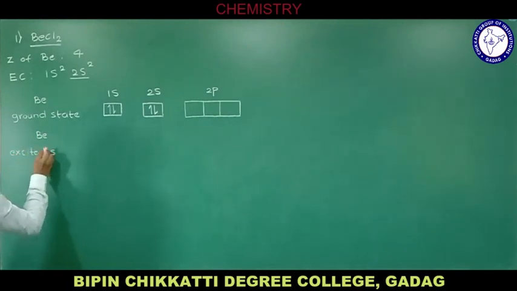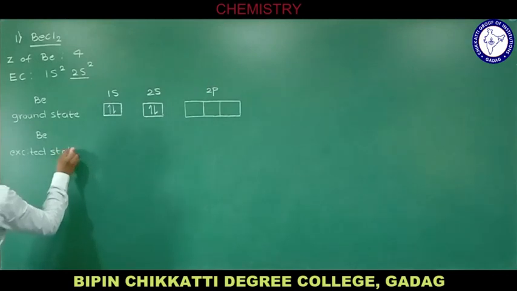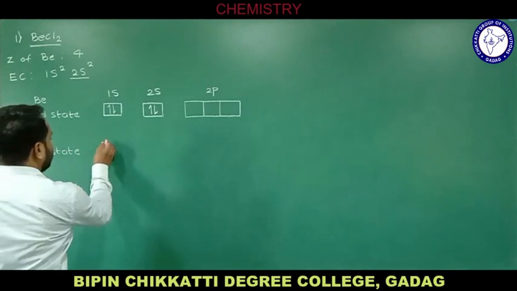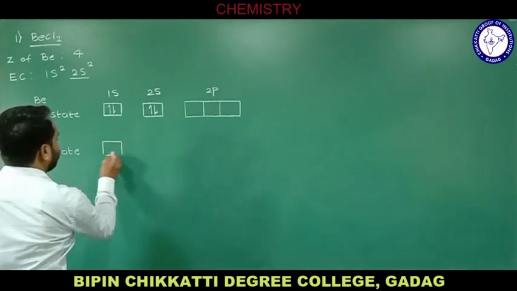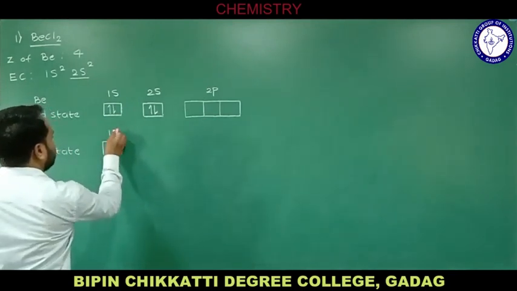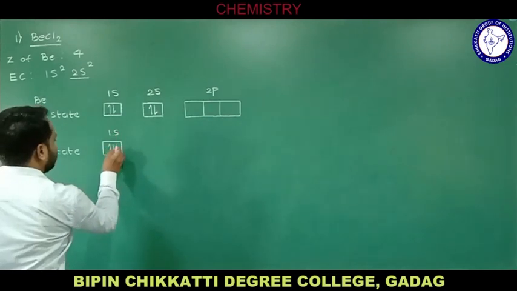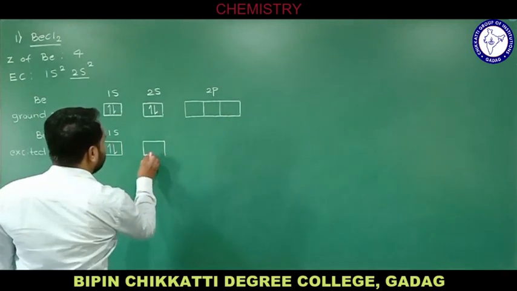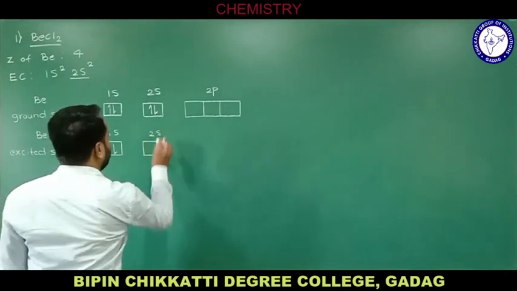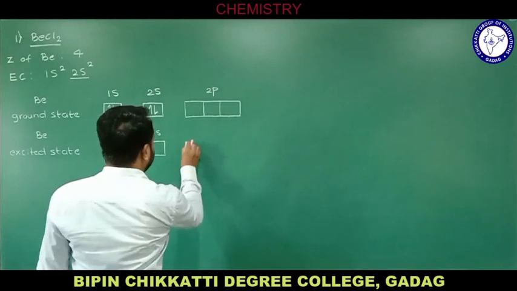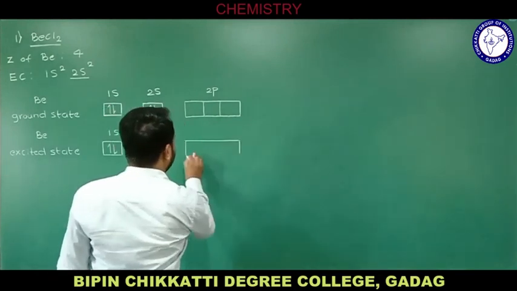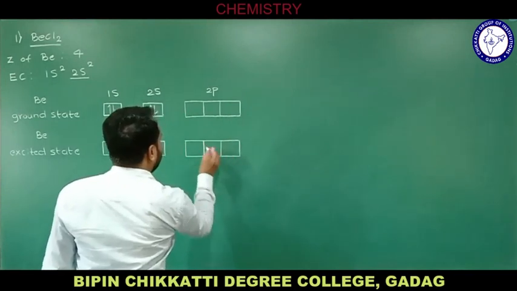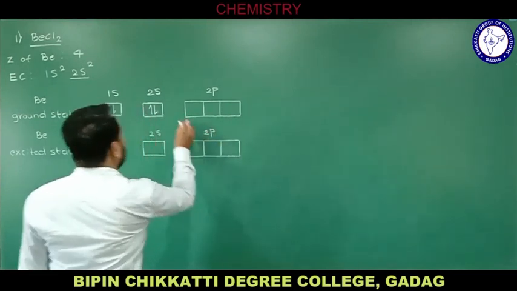The excited state of beryllium, and how we can represent that. When beryllium gains a certain kind of energy, there will be a shift of electrons from one atomic orbital to another atomic orbital, and that is how we can represent the excited state. So this is the atomic orbital of 2s, and here I am going to represent the 2p. Now we will see how the excitation takes place.